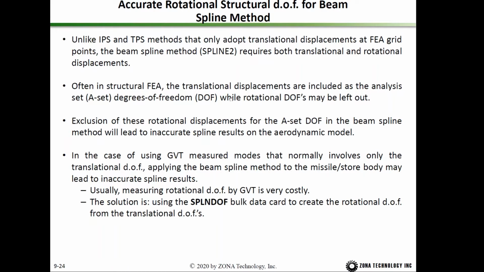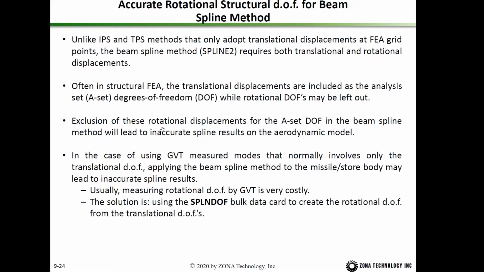As I said, unlike the IPS and TPS methods that only use the translational degrees of freedom, the beam spline requires both translational and rotational degrees of freedom. So often in the structure finite element model, the translational displacements are included in the A set, while the rotational degrees of freedom are not included in the A set.